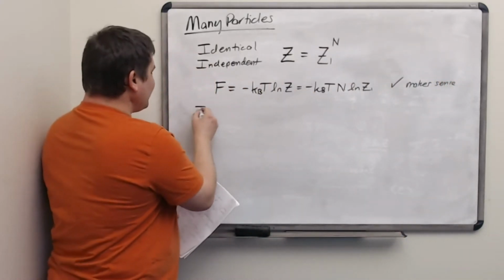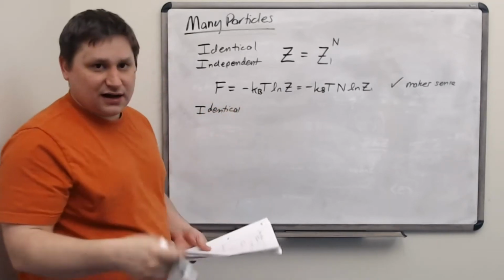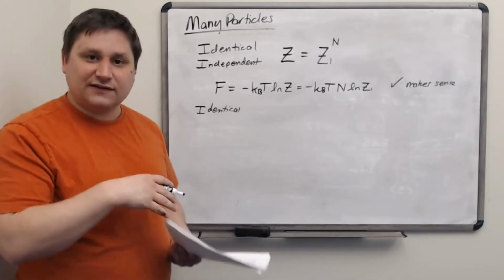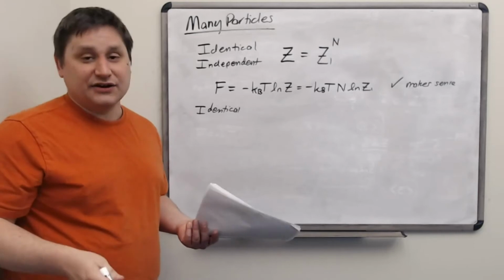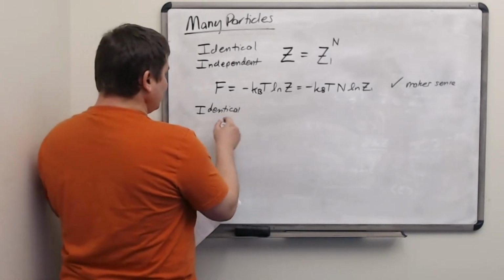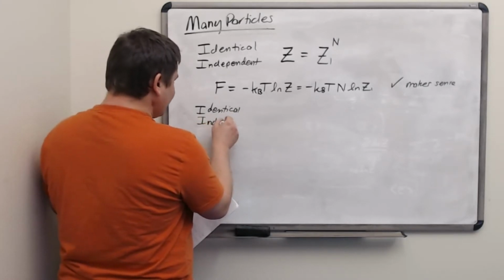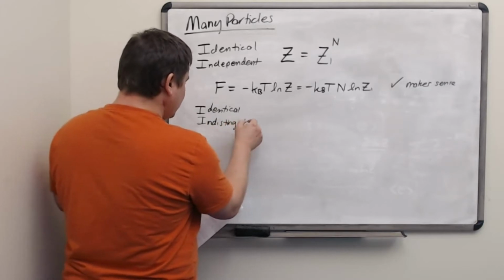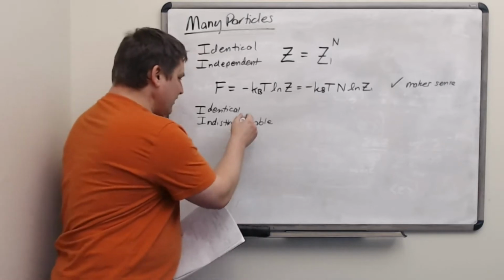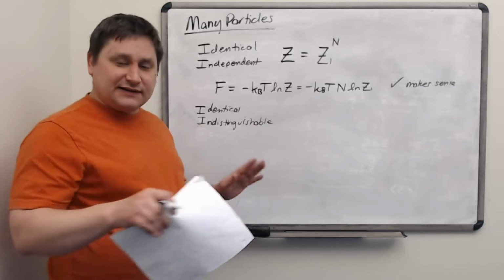But there's still the question of what if we have particles that obey quantum mechanics and they're indistinguishable. If you switch their positions, if you swap their quantum numbers, you don't get a new distinct microstate. We have to be careful of that. So if we have identical particles that are not independent but indistinguishable, they all have their own energy values, but maybe they influence the statistics of the rest.